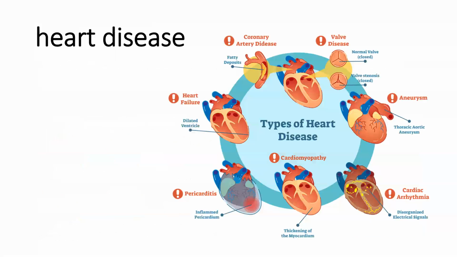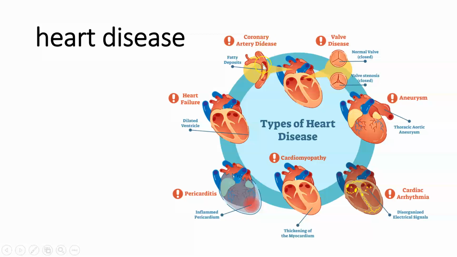The next word is heart disease. And as you can see here, there are many types of heart disease. I'm not a doctor, so I don't know all of these heart diseases, but this first disease here is the one caused by cholesterol, coronary artery disease.